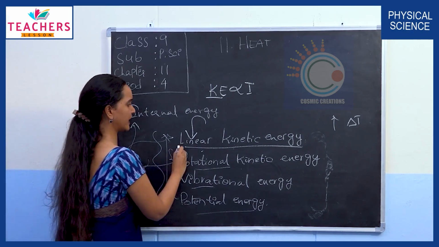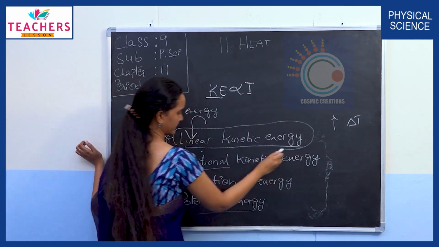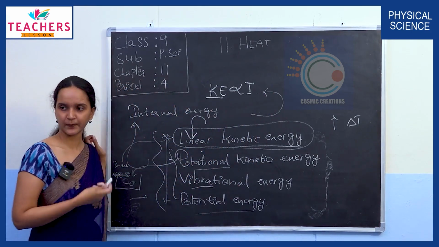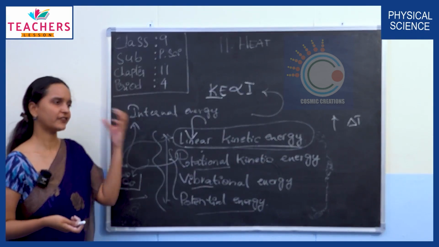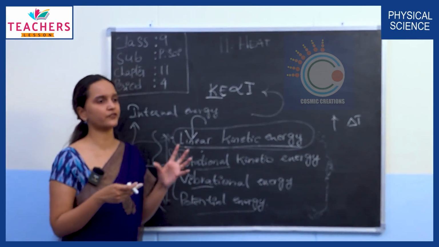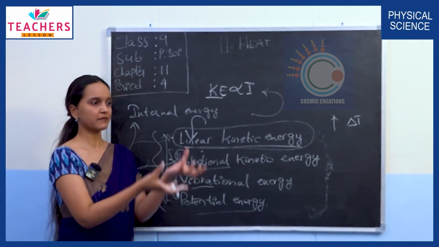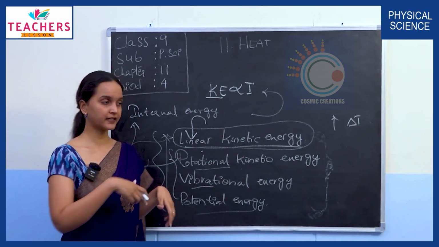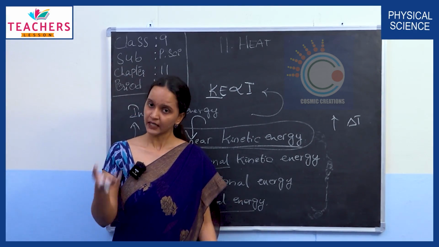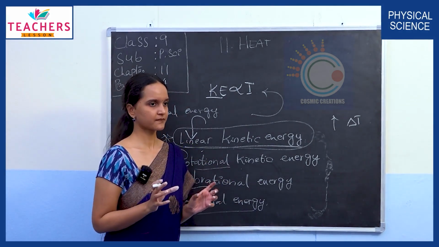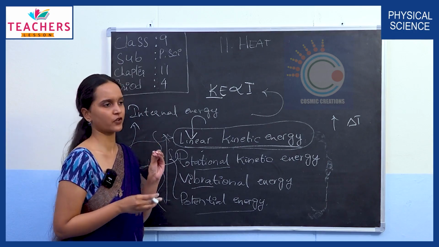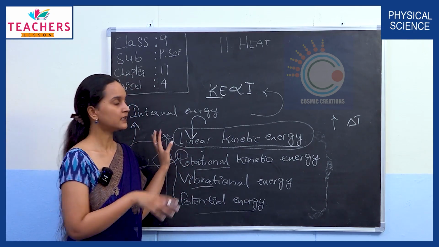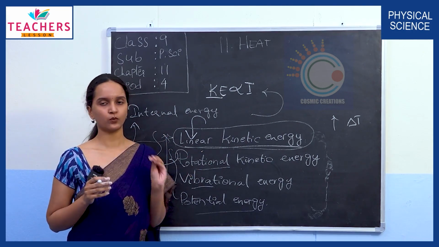So if energy is utilized in the form of linear kinetic energy, then we would be observing the change in temperature. If the molecules of any substance are utilizing the maximum of the heat energy to change linear kinetic energy, then the temperature change would be higher. If the molecules of any substance are utilizing a lesser amount of energy for linear kinetic energy, then the temperature rise would be low.